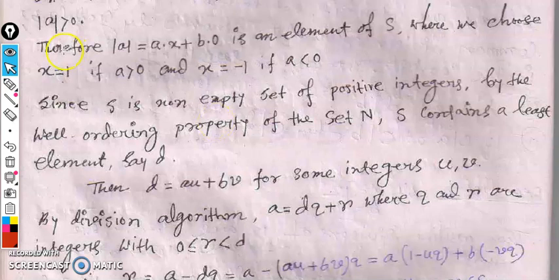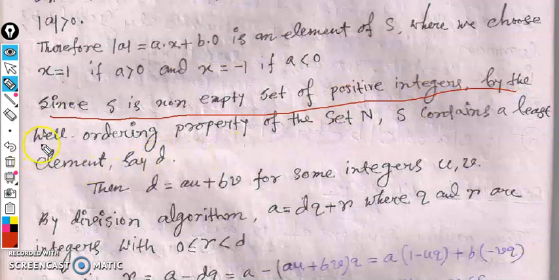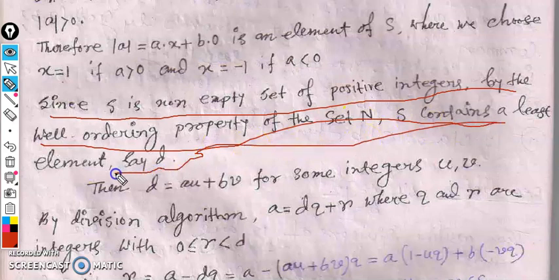We have already proved that S is a non-empty set, therefore S must have a least element, and we denote this least element by D.